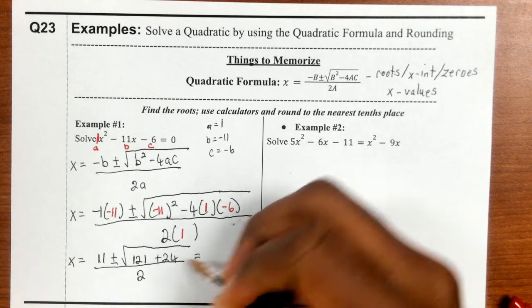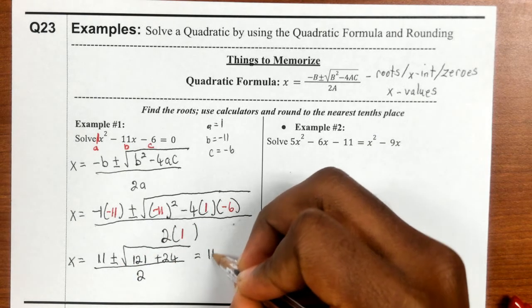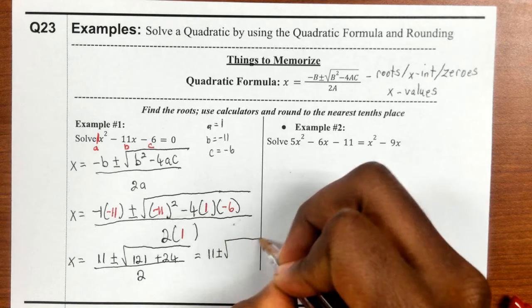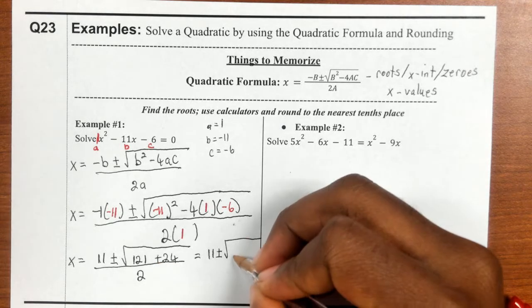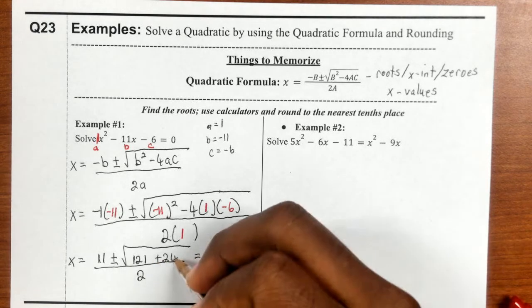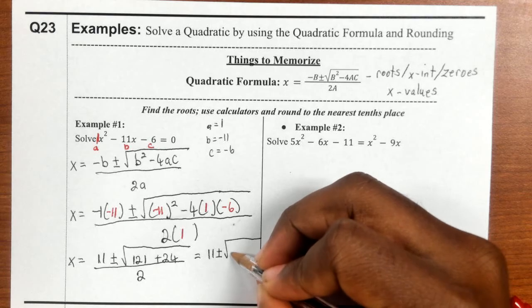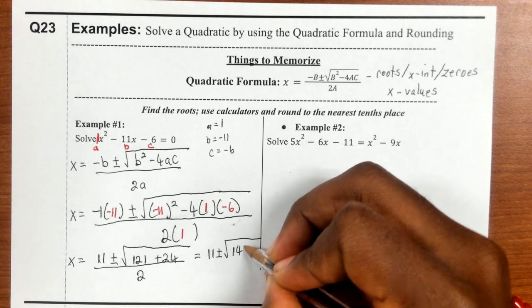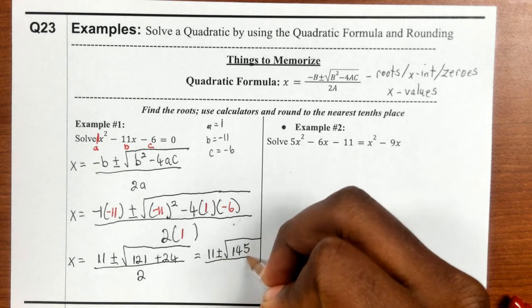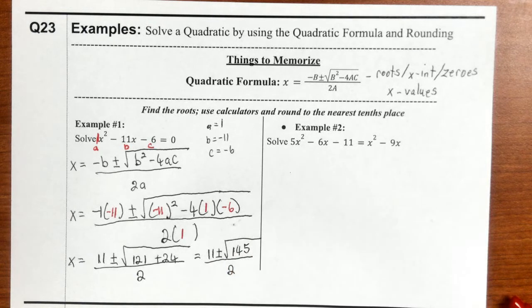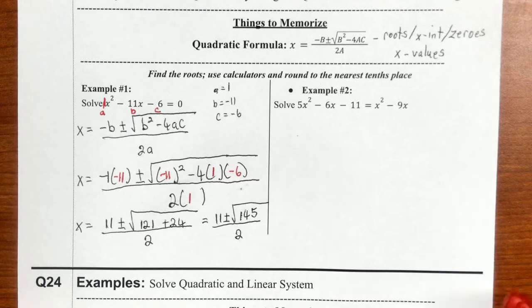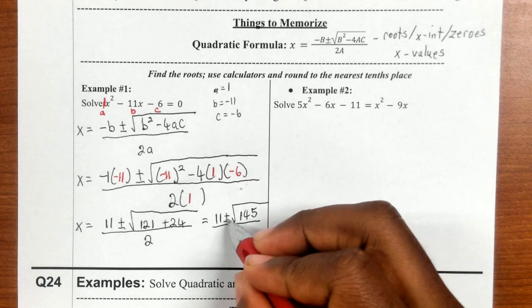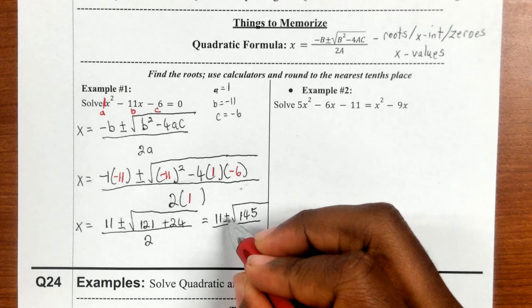Continuing to calculate, I'll write the 11 again, plus or minus the square root, because I can calculate what is underneath the square root. 121 plus 24 gives me 145, all divided by 2. Now we evaluate the plus or minus sign, which means it could be a positive or a negative number.